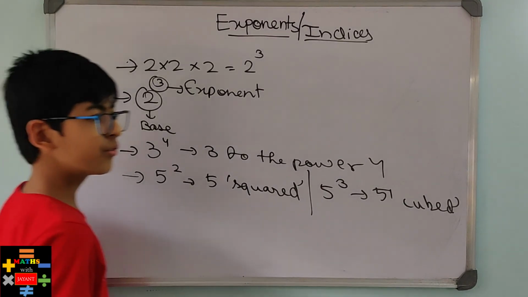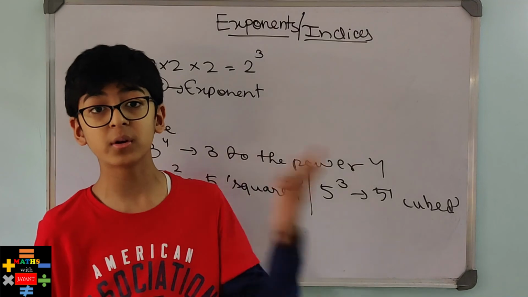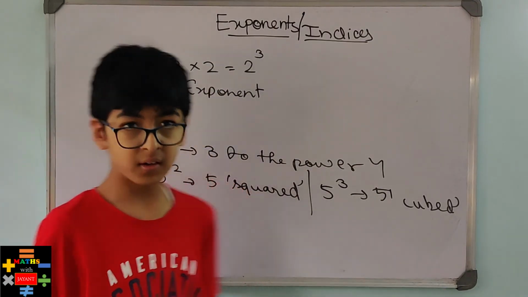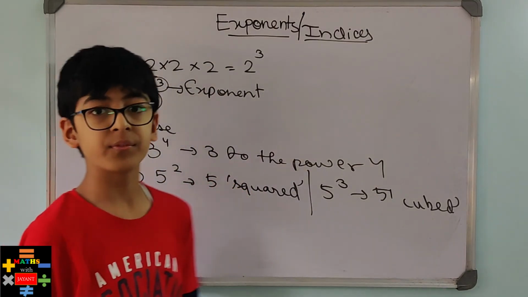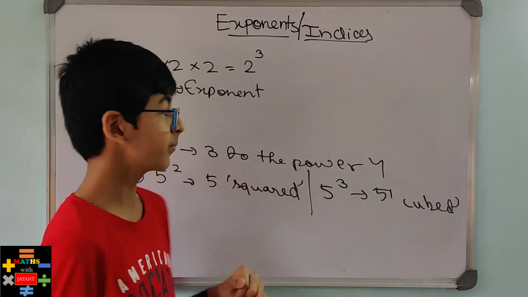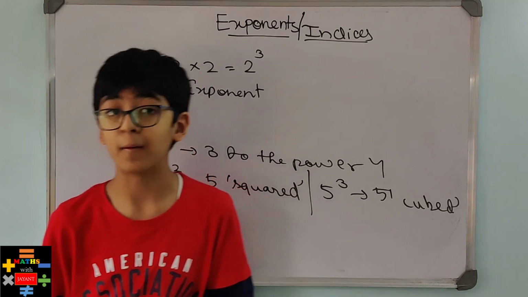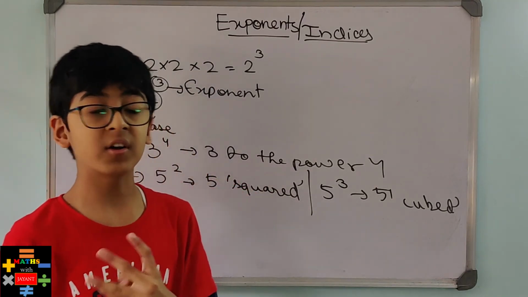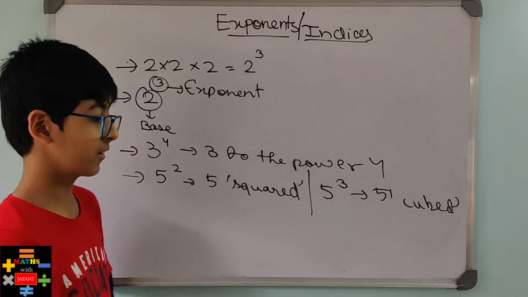Then we discussed how to find the value of an exponent, wherein you will expand, then you will multiply. Then we learned how to do the reverse, write a number in its exponential form. We discussed various examples of that. So over there we had to do prime factorization.